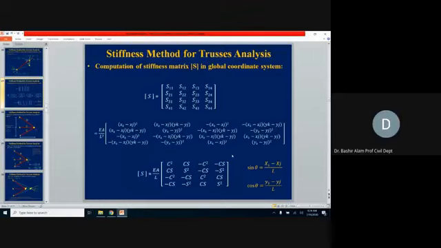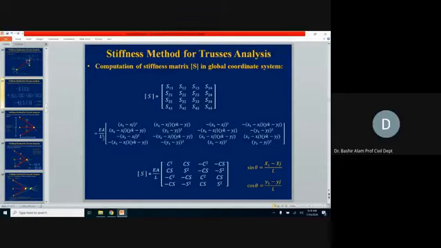If we bring in division by L square here, we see a nice trigonometric relation. Xk minus xj divided by L whole square will become equal to cos square. And that is recorded here.